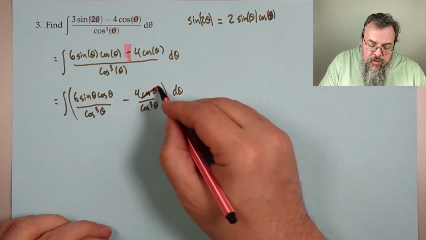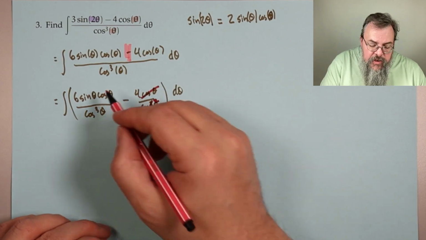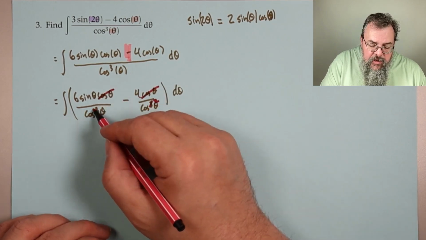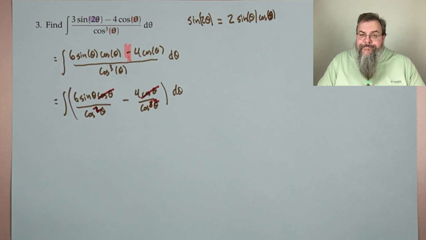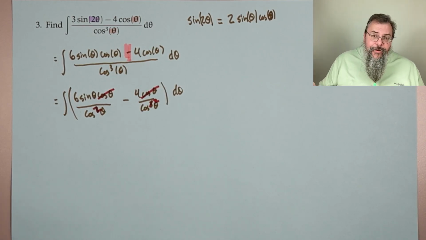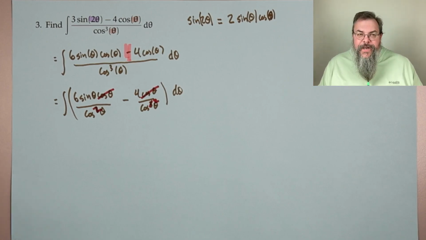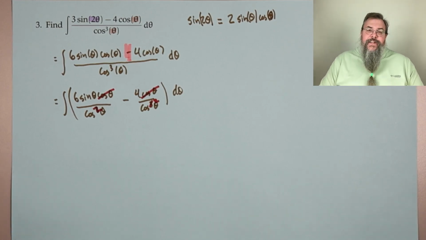So this will get us to cosine squared, and this will get us to, again, cosine squared. All right, now we start to think, is this on our list? No. Does that mean we're going to give up? No. Never give up. Never surrender.